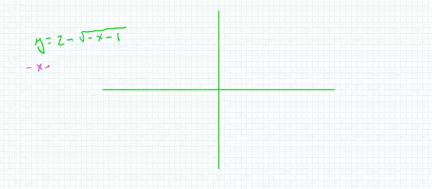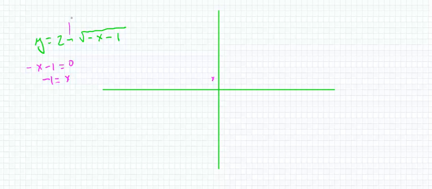Negative x minus 1 equals 0. If I add x to both sides, I'm going to have negative 1 equals x. So negative 1, 2.